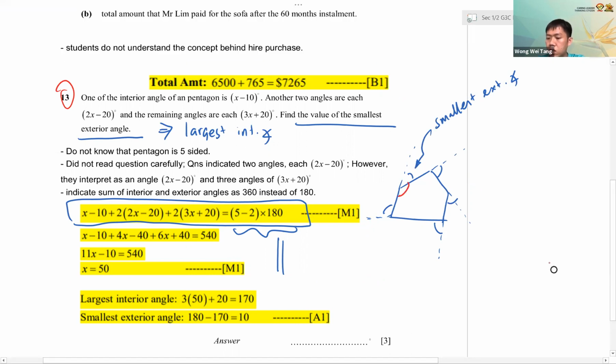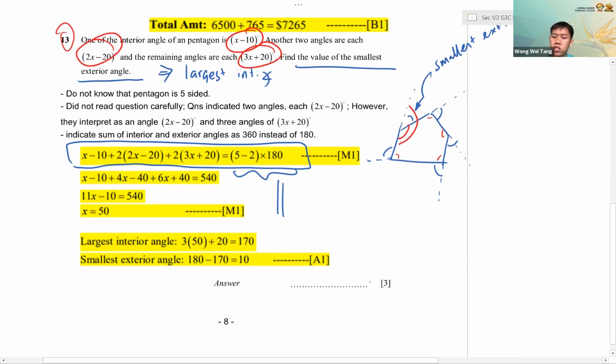The rest of the interior angles, they're all smaller. Okay, so with the 3 different values of interior angle, we need to determine which one is actually the largest, so that we can determine which is the smallest exterior angle. And of course, interior plus exterior, they will add up to be 180 degrees because they are adjacent angles on a straight line.